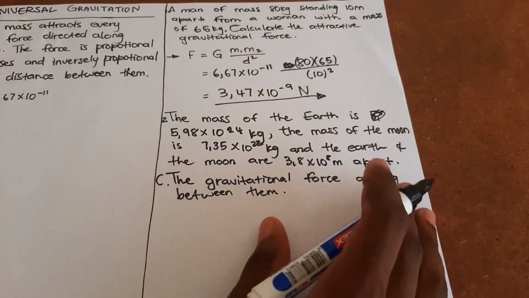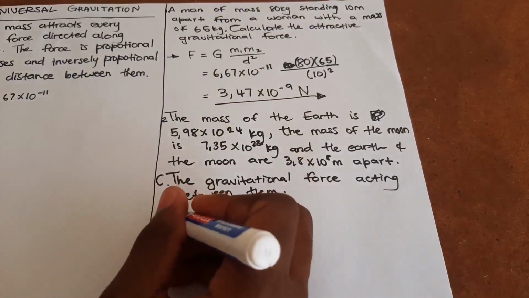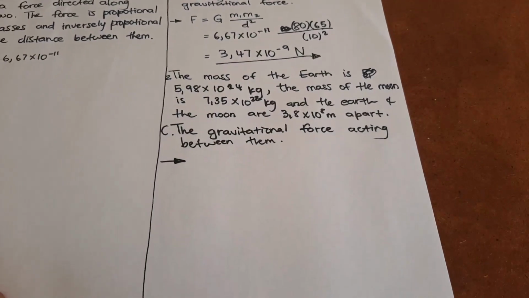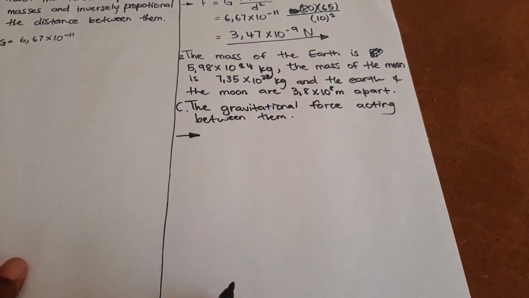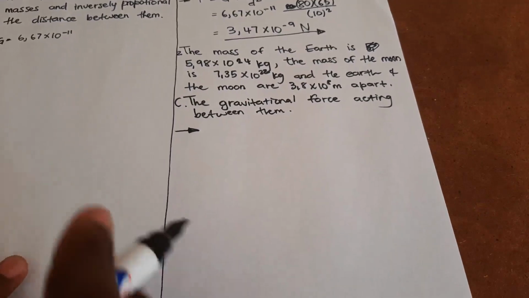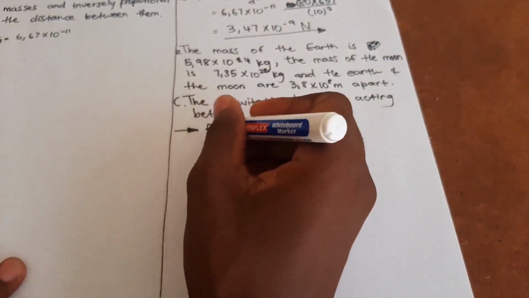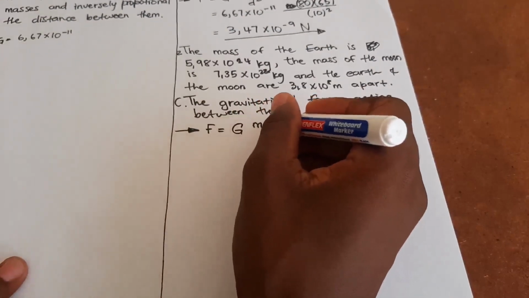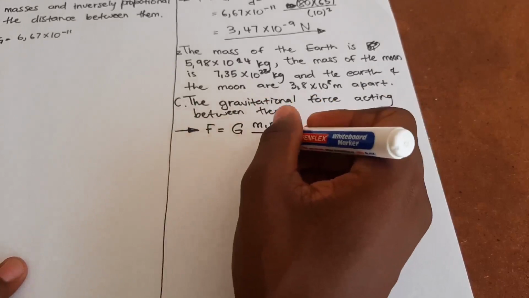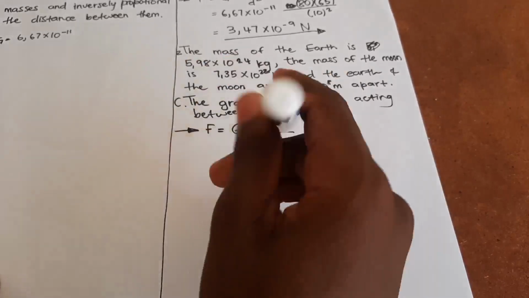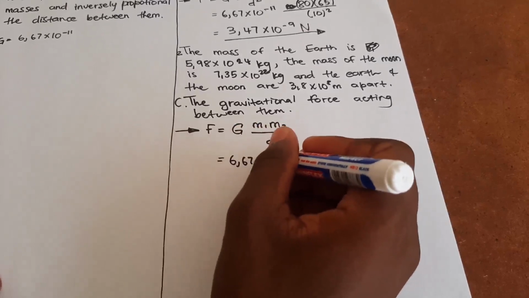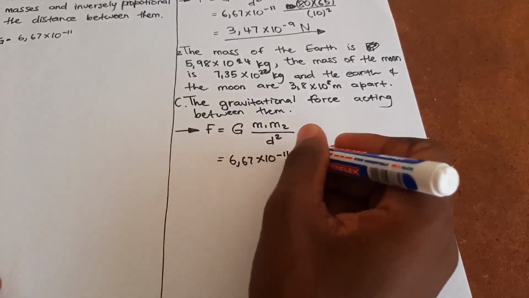So for our answer, the force is equal to the gravitational constant times the product of masses over d squared, the square of the distance between them. That is 6,67 multiplied by 10 to the power of negative 11.